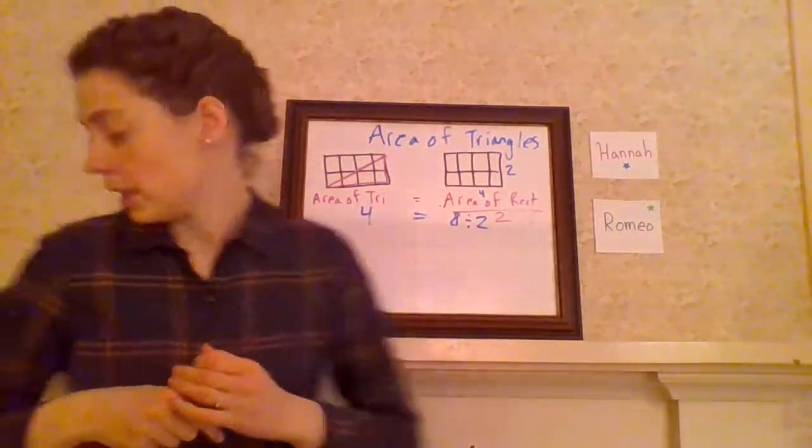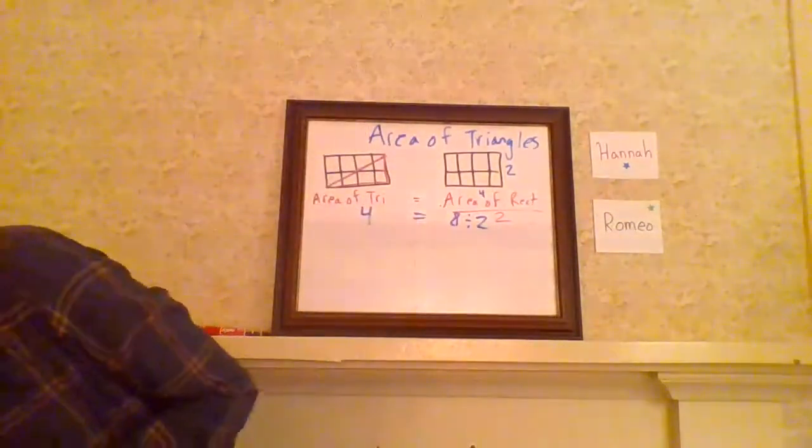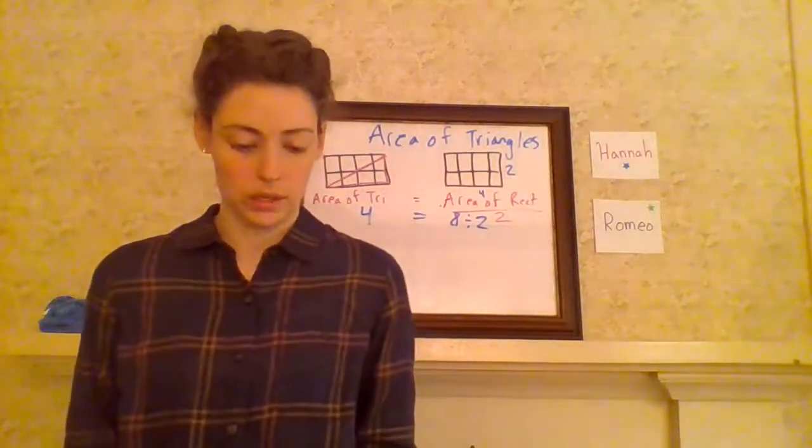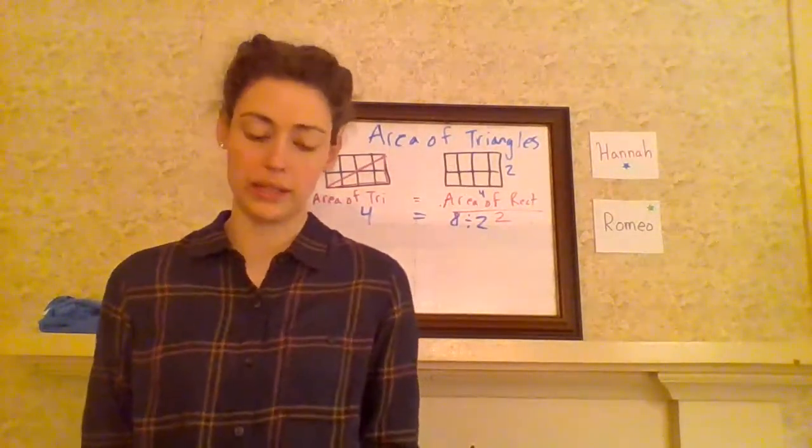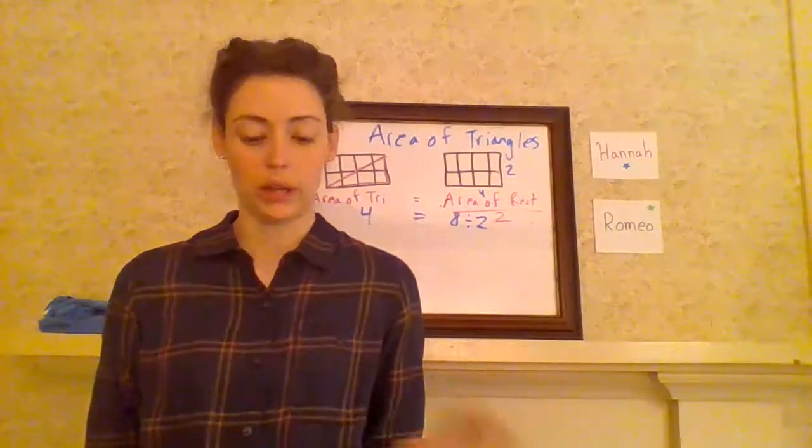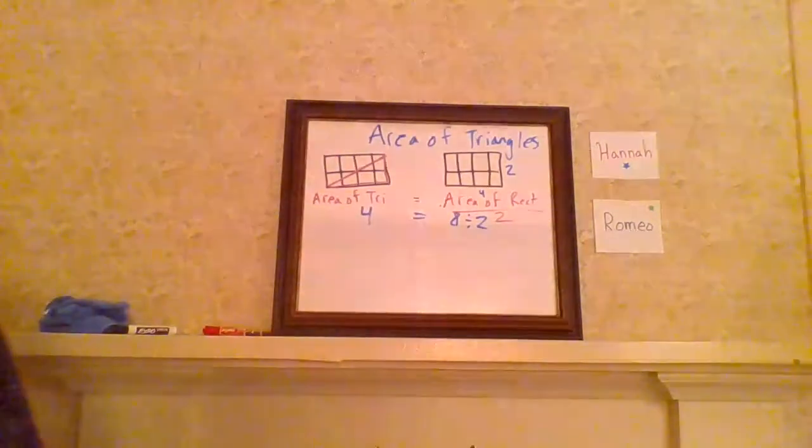Okay, now let's look at if we had a triangle that's not a right triangle, how could we find the area? So let's look at this one.